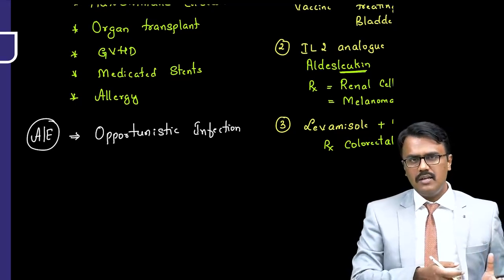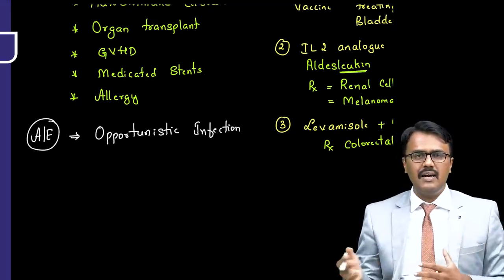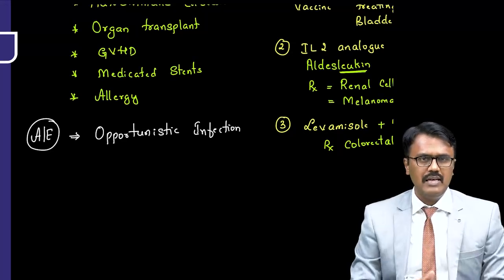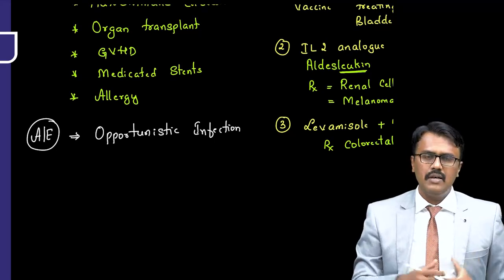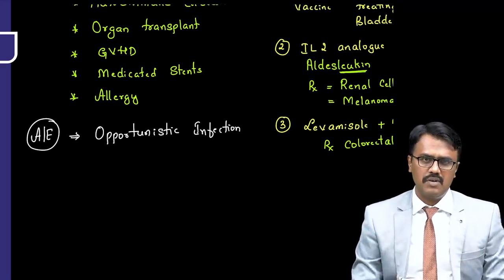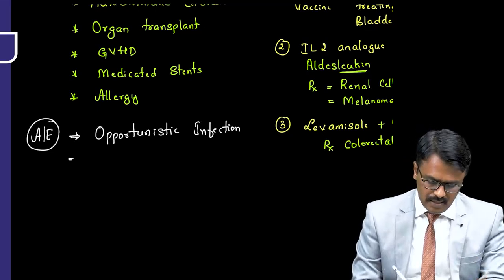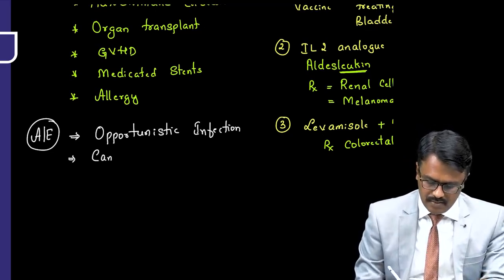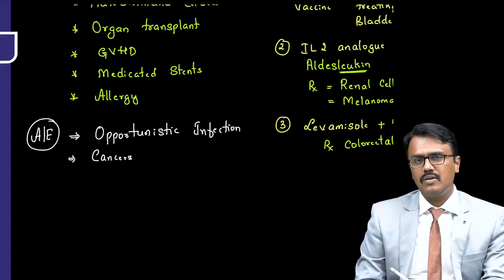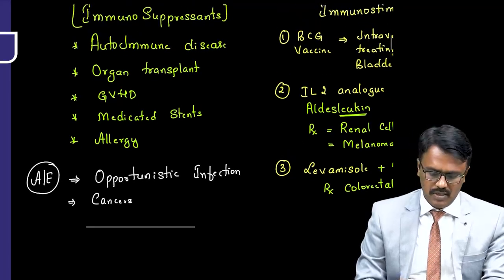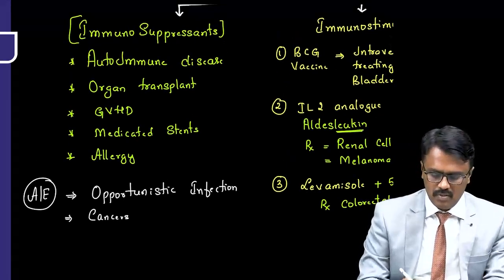So we saw that in the pandemic when we used steroids, patients had mucormycosis. Same thing you can see in HIV patients. HIV patients are immunodeficient and they are also prone to opportunistic infection. Second, they are prone to cancers. For example, lymphomas, leukemias, their cancer growth can also increase with them. So this is the problem when we use immunosuppressants.